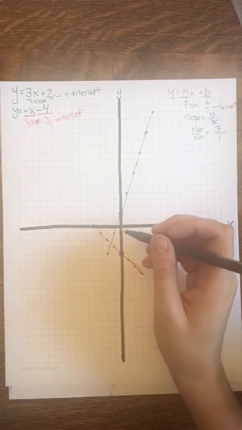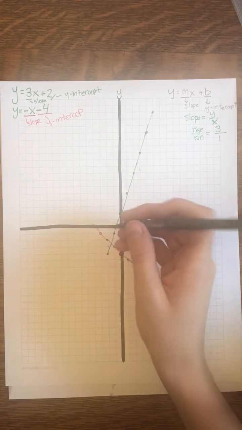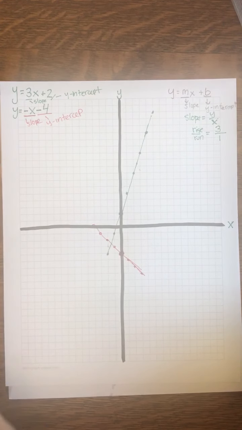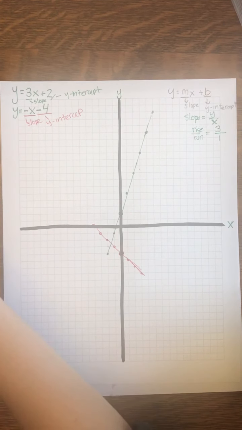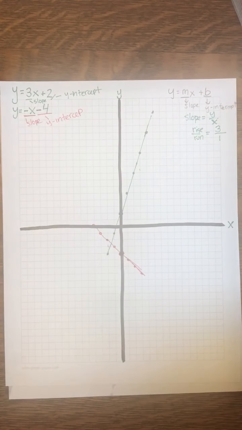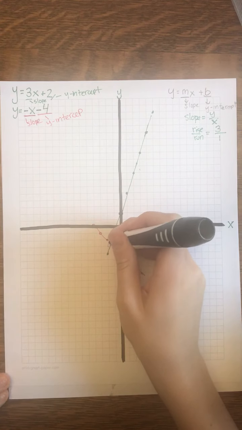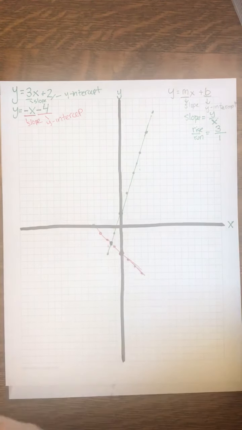I wish I would have checked to make sure it was a whole number point, but that is okay. Can we see this intersection point? I'm going to put a big black dot. It's where the two lines cross. The two lines cross at exactly one point, and they cross right at this big black dot. Because it's not an exact whole number, I'm going to guesstimate, which is totally cool.